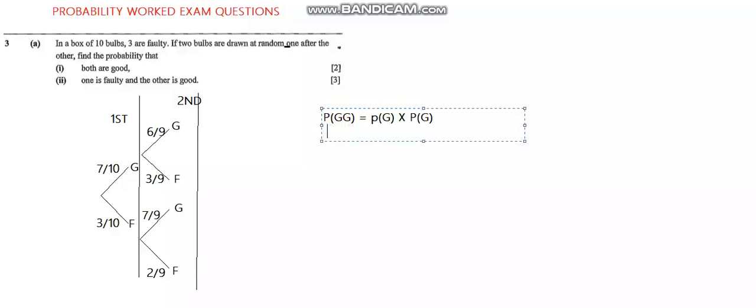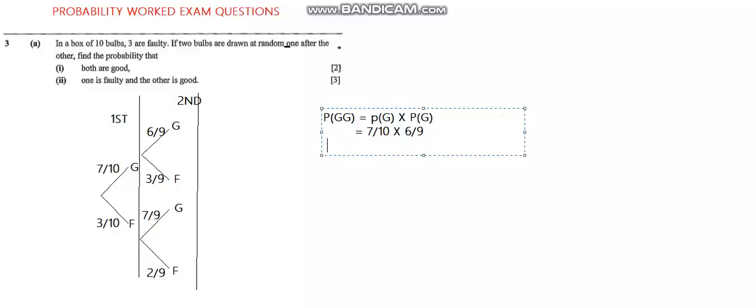So in this case, the probability of the first good is 7/10 times the probability of the second good in the second selection, which is 6/9.